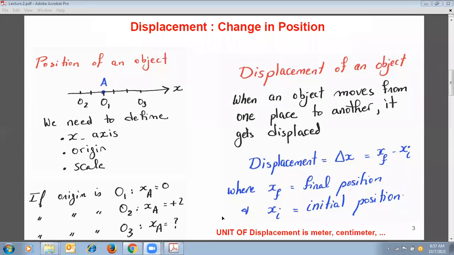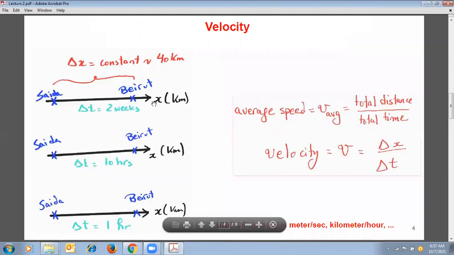What else did we learn yesterday? We learned that someone can cover the same distance, but in different times. Here, when we talk about fast, slow, same speed, okay?